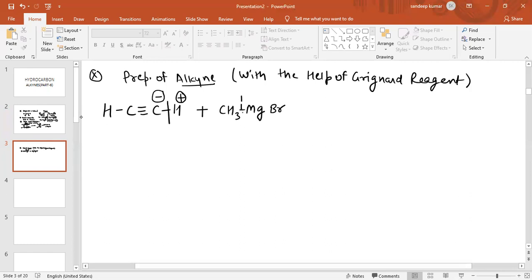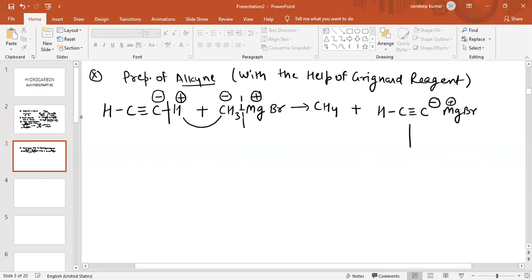In the same way, the Grignard reagent will break, the metal will get a positive charge and carbon will get a negative charge. Now this hydrogen and carbon will combine. So one of the products obtained is CH4, and another product obtained is C triple bond C carrying a negative charge with MgBr attached to it. Now the SN2 reaction will take place.